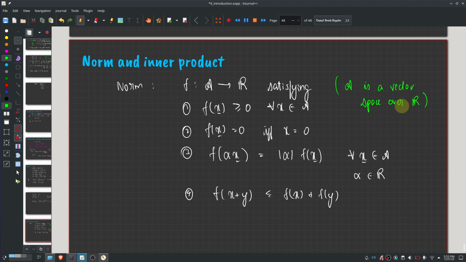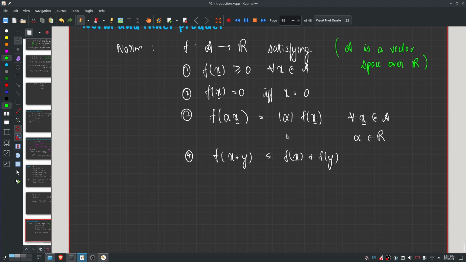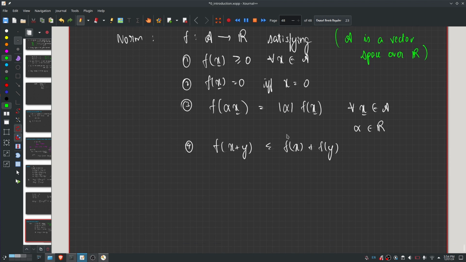So basically all your scalars come from R and the vectors can be any subset. So Rn is the common example, but it can also be some subset of matrices or so on. So this is the definition of a norm.